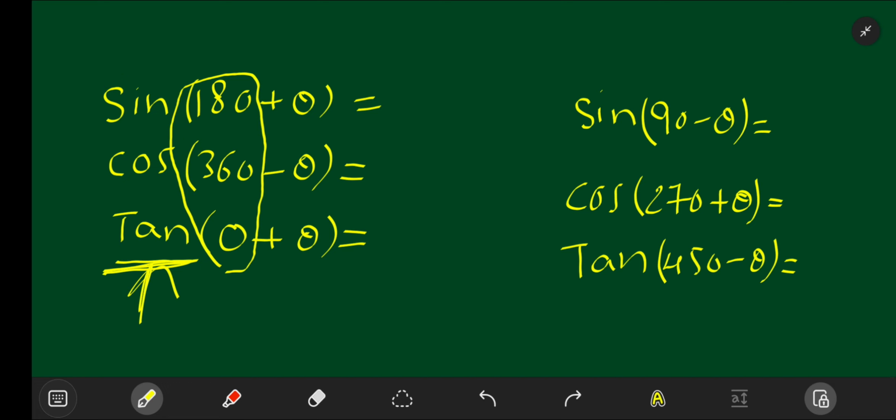That means sine 180 plus theta is equal to minus sine theta.